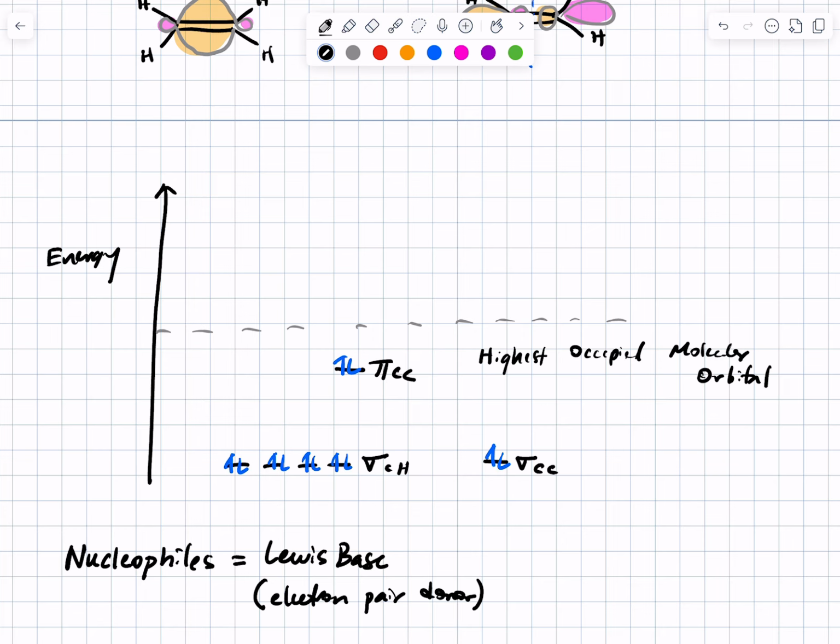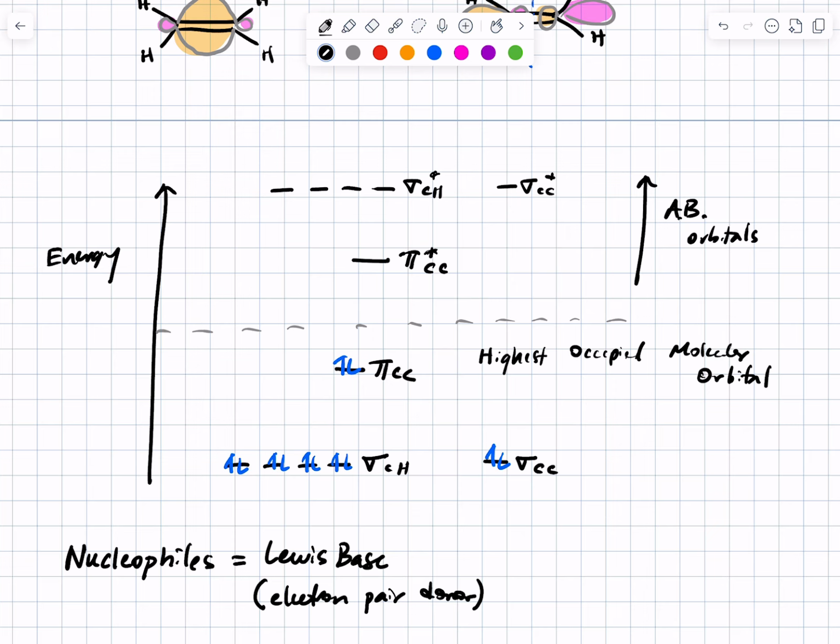Just as the pi orbital is high in energy relative to the sigma bonding orbitals, so the pi star is lower in energy relative to the sigma star antibonding orbitals. What this means is if you can rank the bonding orbitals, you automatically know that the antibonding orbitals, which are above the break-even line, are a reflection of the bonding orbitals.